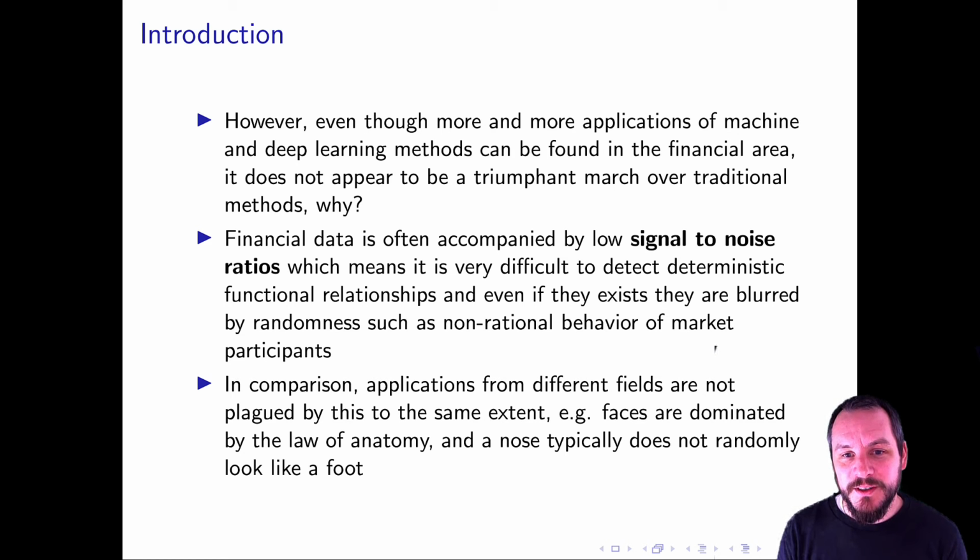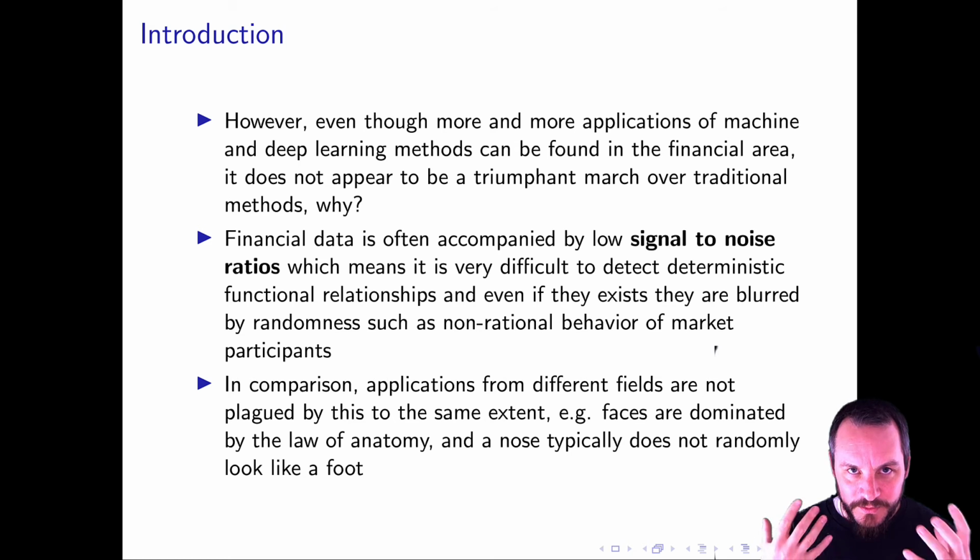This is what makes it very different from applications like face recognition in comparison to financial markets, where the things that happen are really driven by a very large amount of complex interactions. Some of them may be following certain types of laws and deterministic relationships, but this is really also rattled by a lot of randomness. So just remember that.